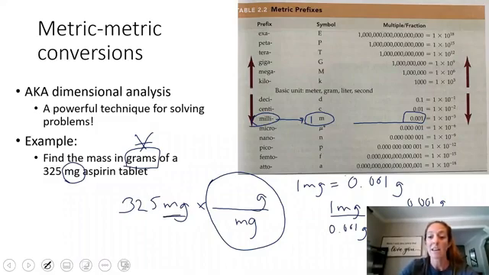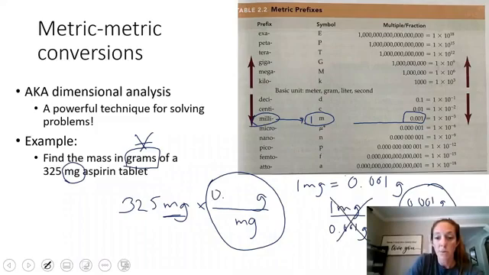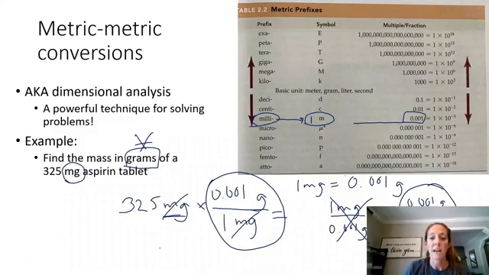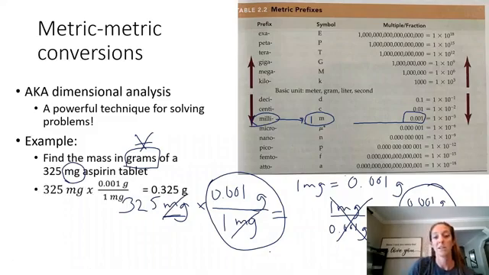So I need the conversion factor that has grams on top and milligrams on the bottom, which would be this one. So I'm going to use 0.001 grams over 1 milligram. Milligrams and milligrams will cancel. When I do 325 times 0.001, you should get 0.325 grams. And that would be my answer.